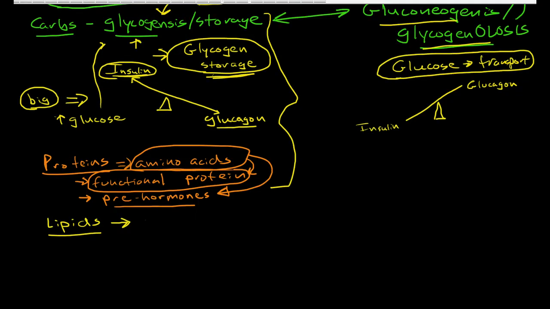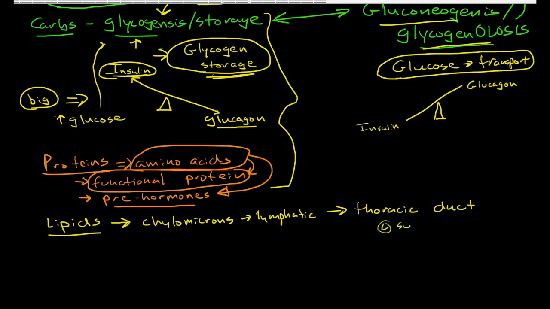They are packaged into chylomicrons, and they're too big to get absorbed into the bloodstream, so they end up draining through the lymphatic system, and in the lymphatic system they drain into the thoracic duct. So they work their way up through the chest and drain into the thoracic duct, up into the left subclavian vein.